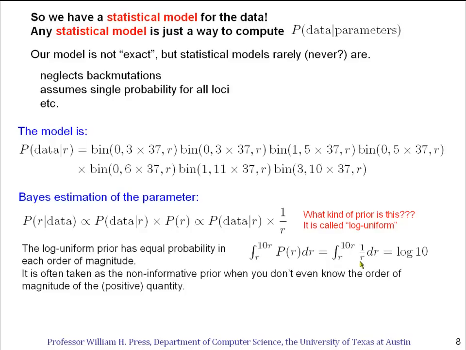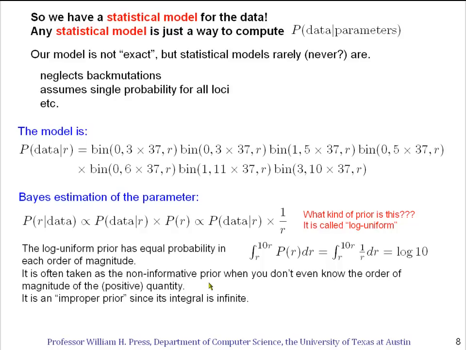Well, here you do the integral, and the integral of this just comes out to be log 10, independent of R. So each order of magnitude, the one from 10 to 100, the one from 100 to 1,000, or more importantly for us, the one from 0.0001 to 0.001, will have a constant prior probability. So this is often taken as the non-informative prior when you don't even know the order of magnitude of a positive quantity and you want to give all orders of magnitude an equal chance in the prior.